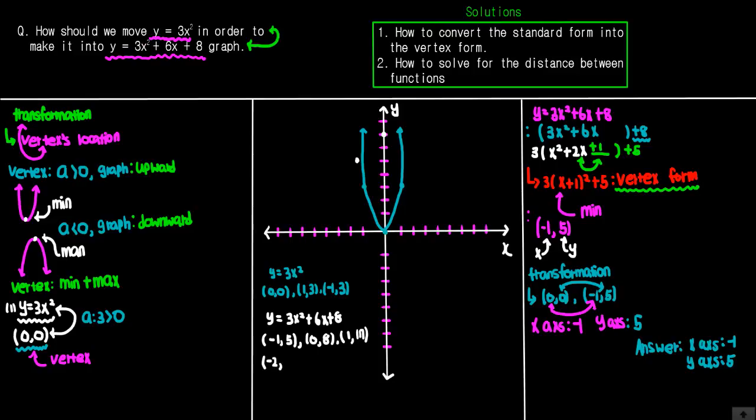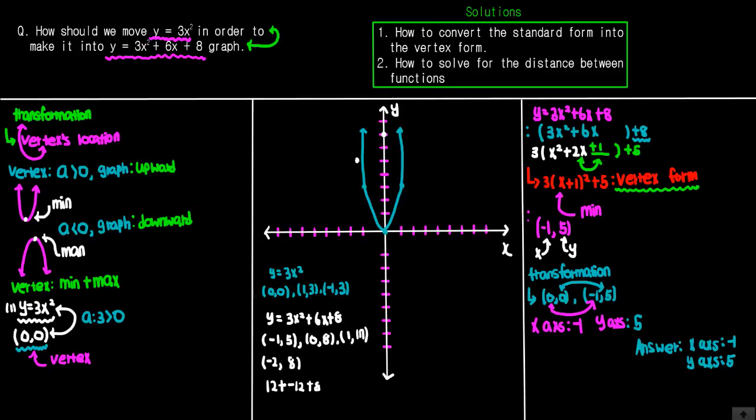If you input -2, it turns into -2 squared, 4 times 3 is 12, plus -2 times 6 is -12, and then plus 8. So when you input -2, it turns into positive 8.